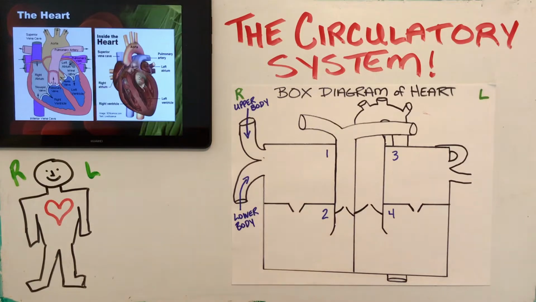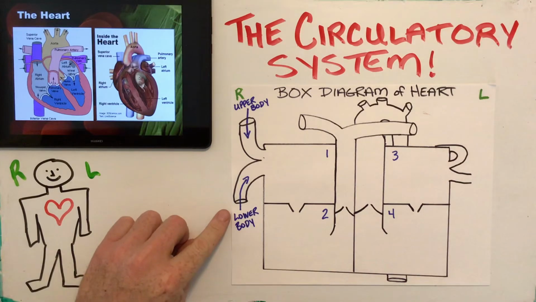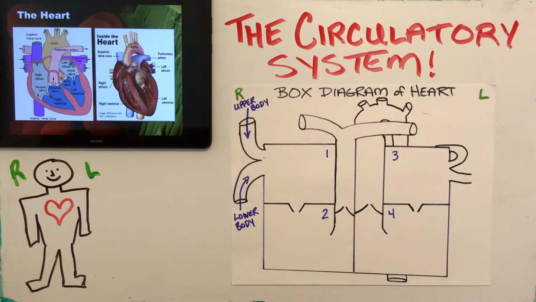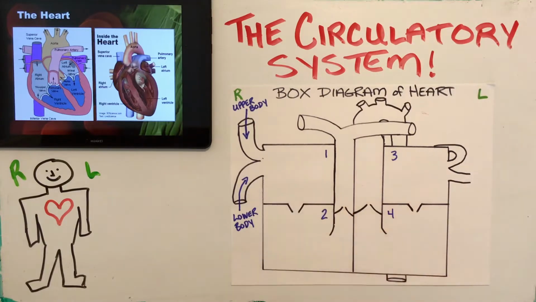And this is blood that was used up by the organs in your abdominal area, like your liver and your kidneys, and the muscles of the lower area of the body, right? The muscles in your legs and your feet and your abdominal area. All of those cells used up oxygen, and now that used up blood is coming back to the heart to get a refill of oxygen. All right?